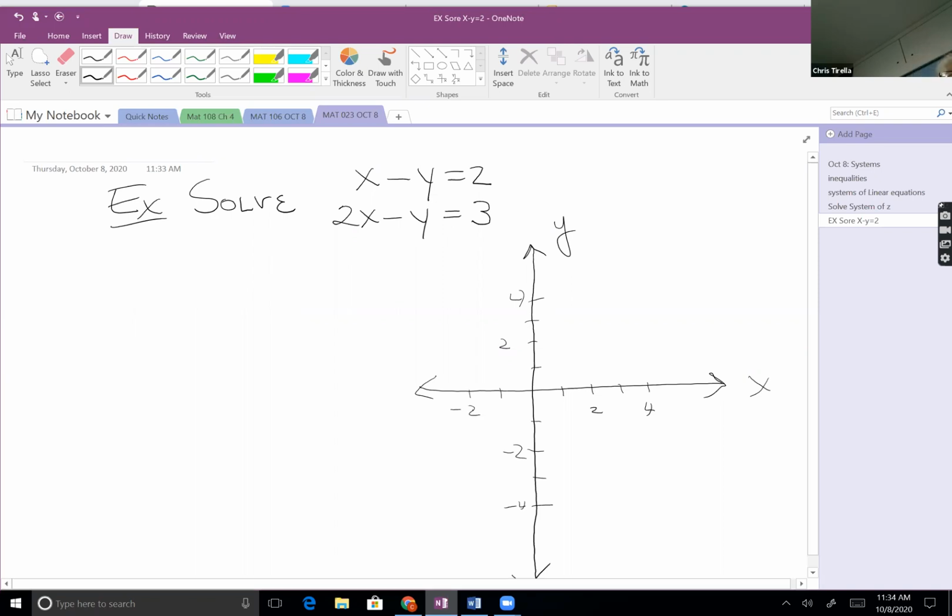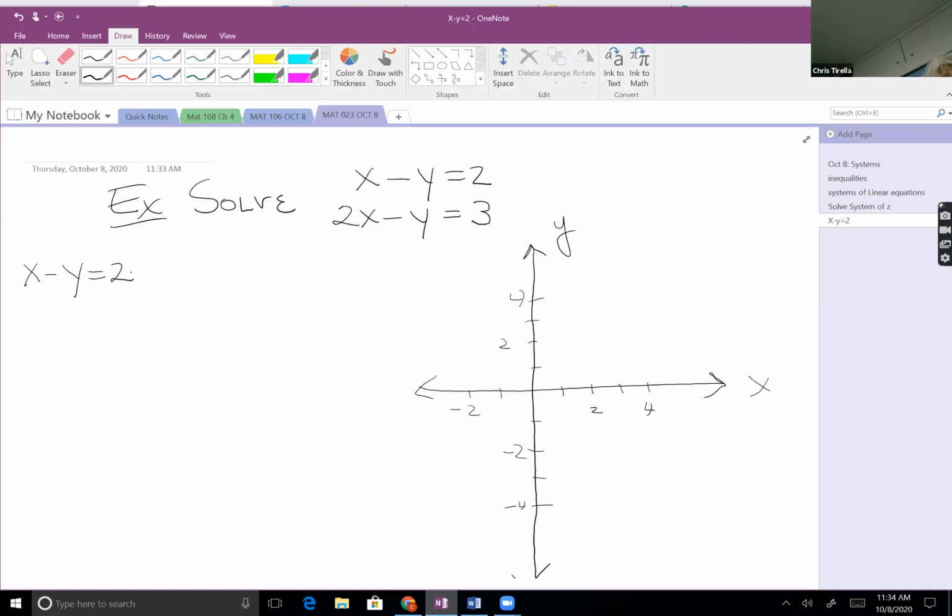Now I'm going to try to graph both lines on that axis. First line is x minus y equals 2. If you were a glutton for punishment, you could make a table of values to graph them, but I'm going to use the slope-intercept method.